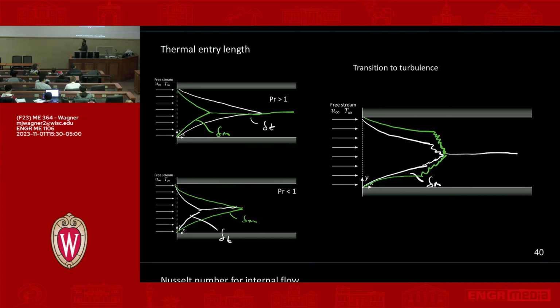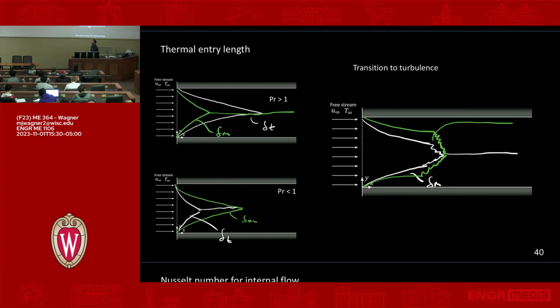Once you transition to turbulence, that transition occurs based on a momentum consideration, a velocity consideration. Once that transition happens, the thermal boundary layer will grow together at the same point that the momentum boundary layer grows. And then everything beyond that is really dictated by the viscous sublayer, right, out here.